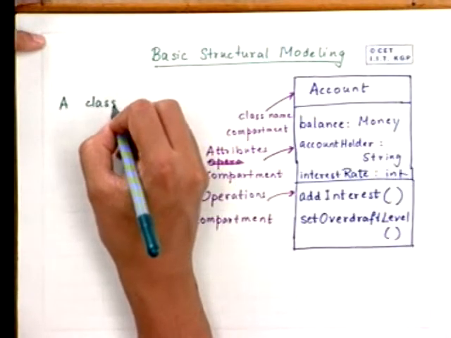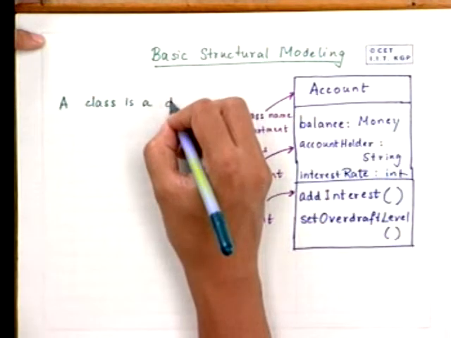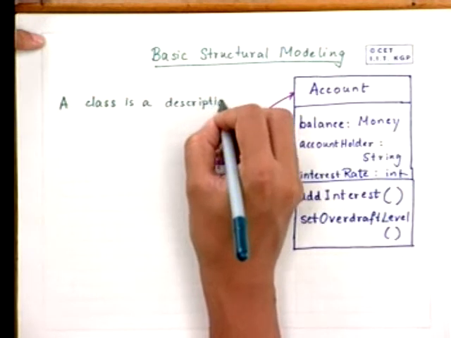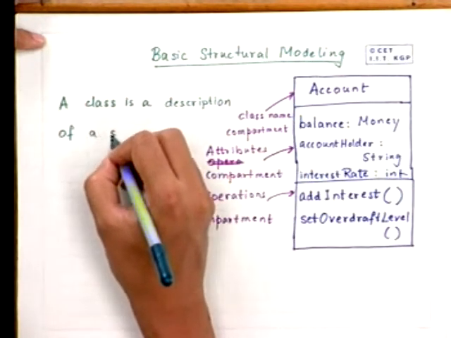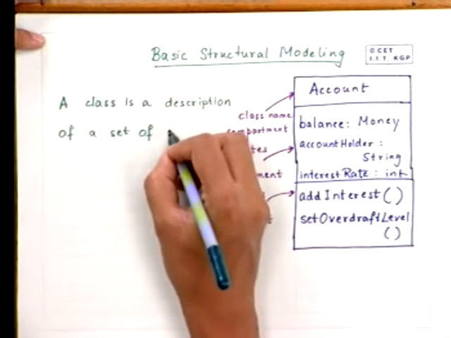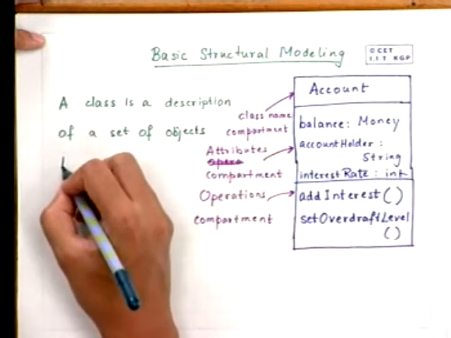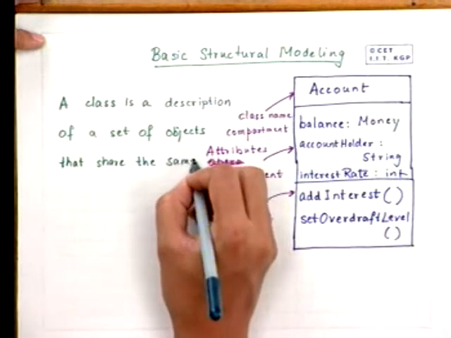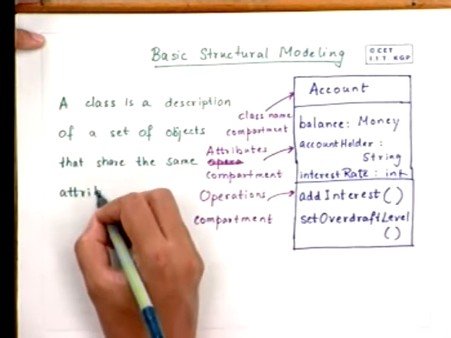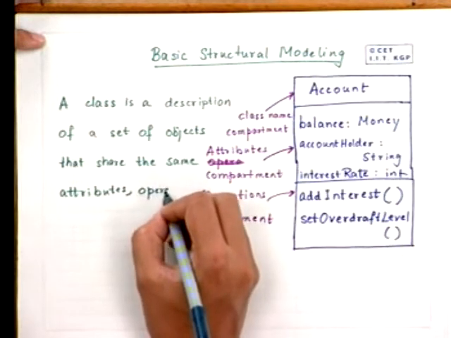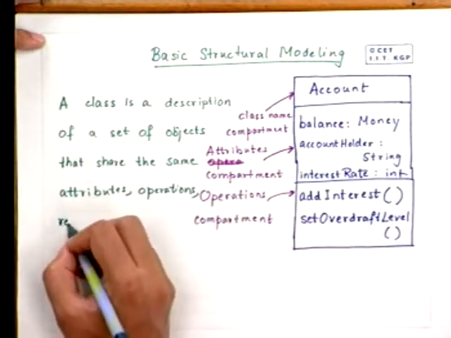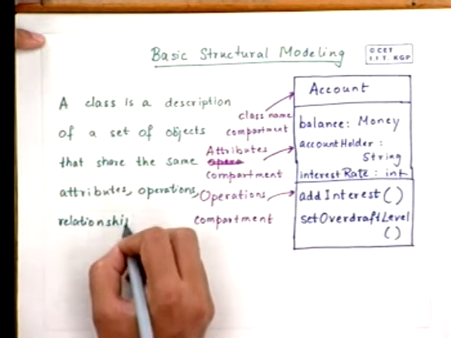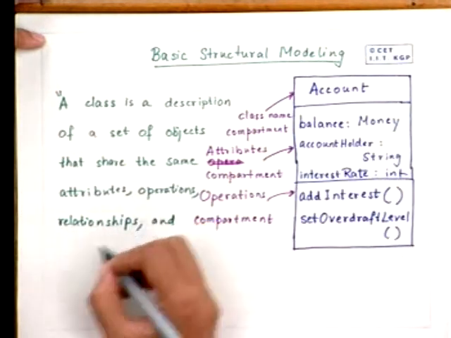So this is a simple syntax of a class. A class is a description of a set of objects that share the same attributes, operations, relationships, and semantics.